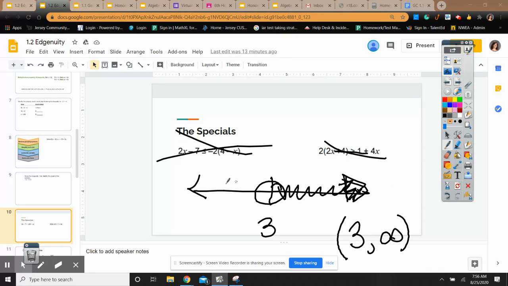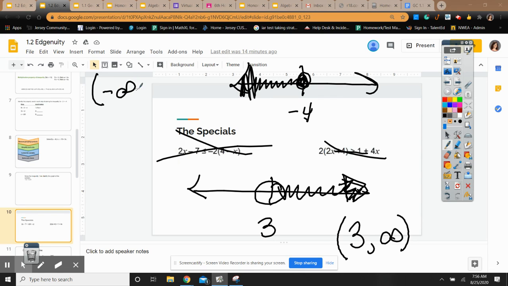You could also, if you had a solid circle here, let's say it was -4 and negative infinity, you always do the small number first. So the graph picture is the smallest number is negative infinity. Once again, I do a parenthesis because you cannot be negative infinity, but you get really close to it.